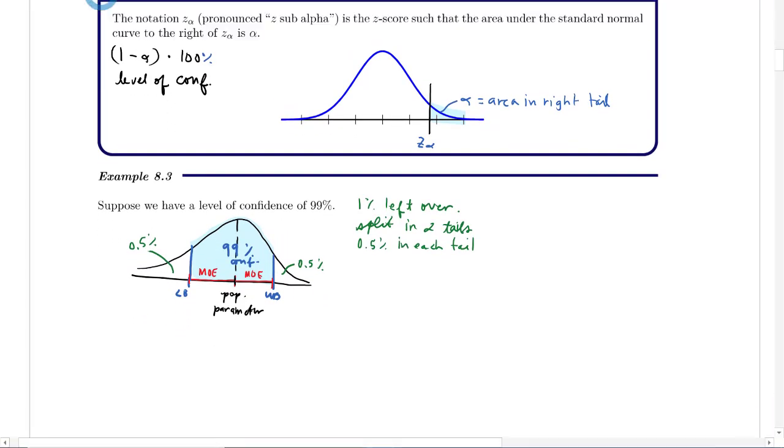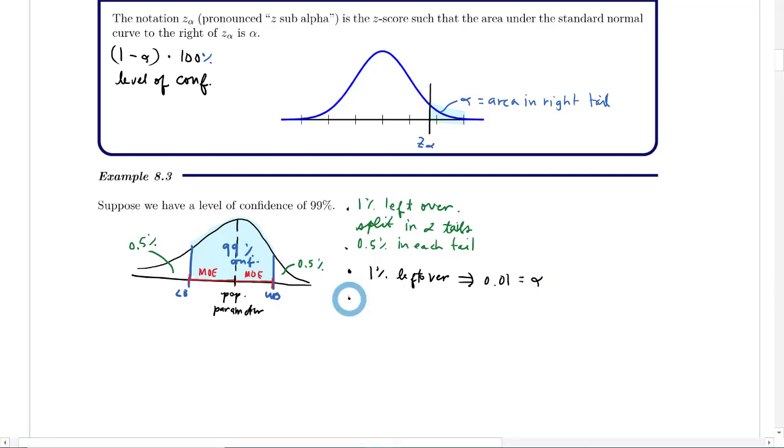So let me go ahead and write something. So now, if we have 1% left over, this implies that that's 0.01 and that's equal to our alpha. So it's just whatever percentage is left over, right?